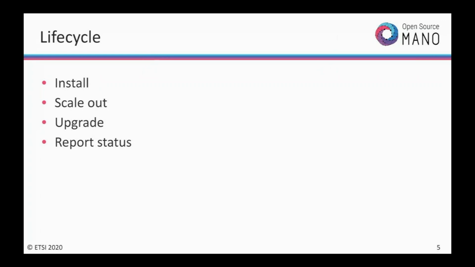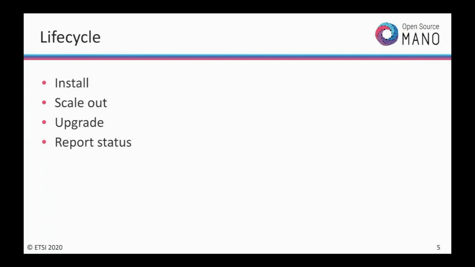We'll start with the life cycle. With life cycle, we mean installing, for example, a workload, installing some packages, some dependencies, and so on. We also manage the scale out of the application.